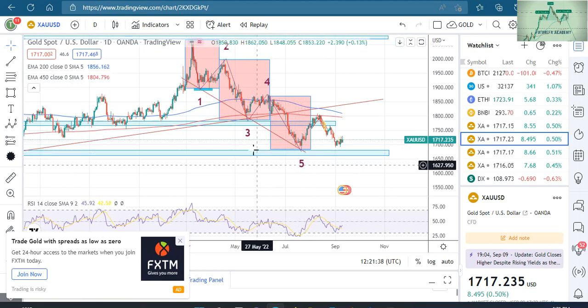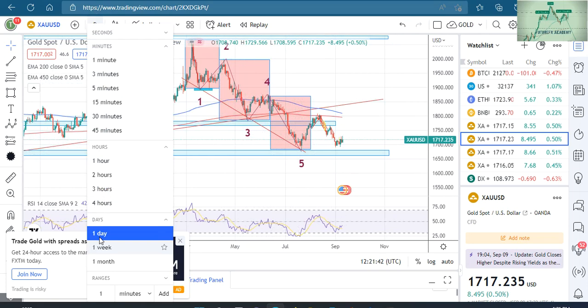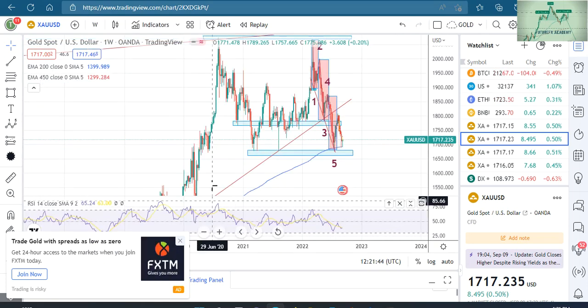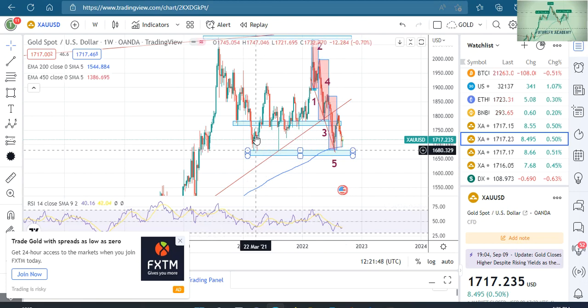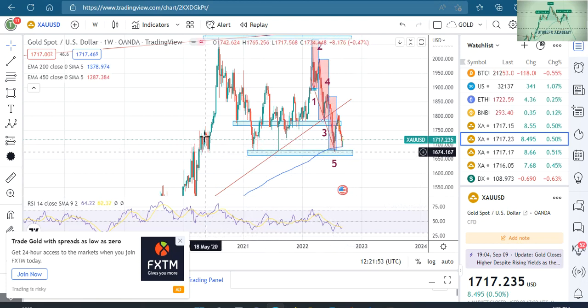So wave five in this case, I'm going back to our chart. Wave five returned to test this price area all the way since 2020 down to this area.